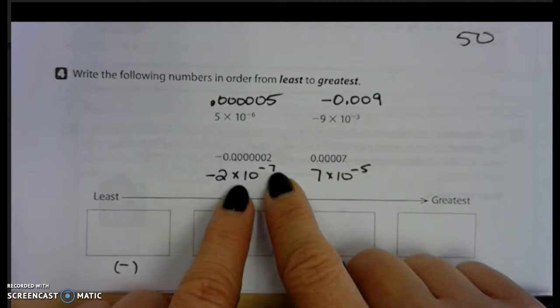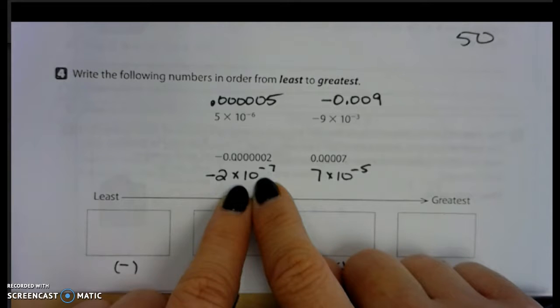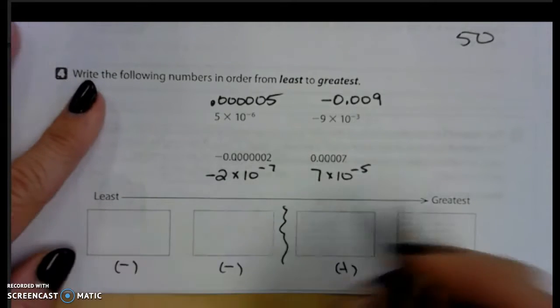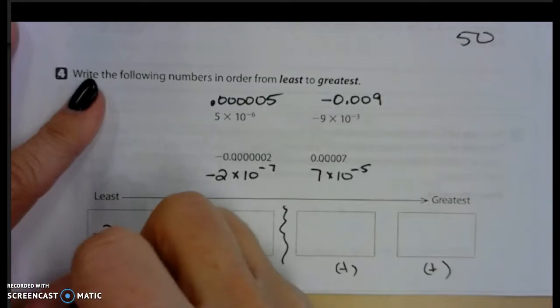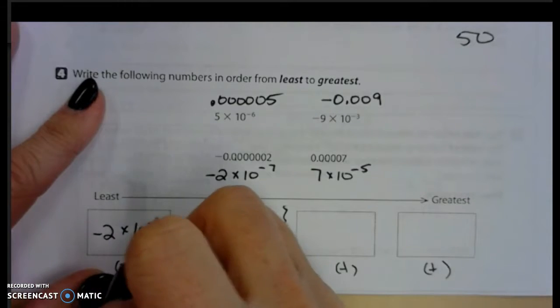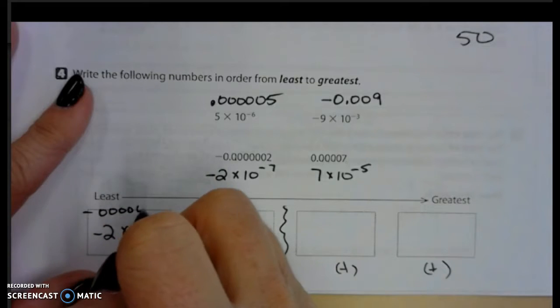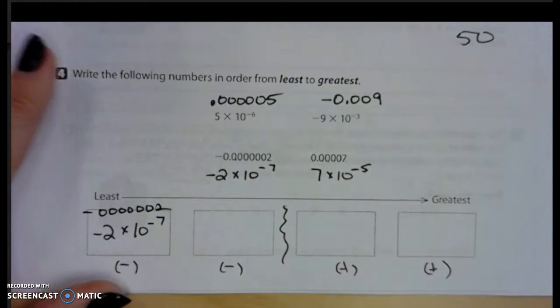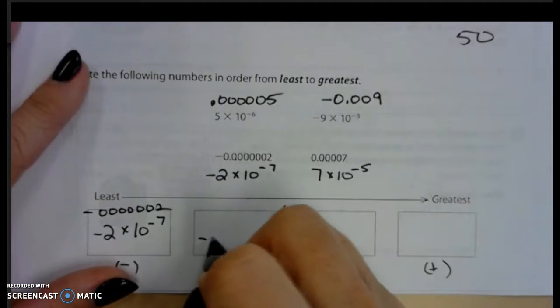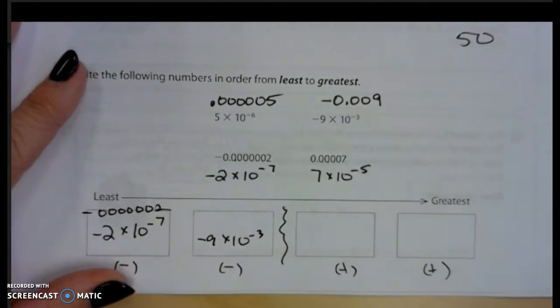It does have the higher exponent, but because it is negative and it's less than 1, this is such a tiny number, it is definitely the least. So negative 2 times 10 to the negative 7. Probably should have put it in standard form. 1, 2, 3, 4, 5, 6, 7. And then that leaves the other negative number, negative 9 times 10 to the negative 3.